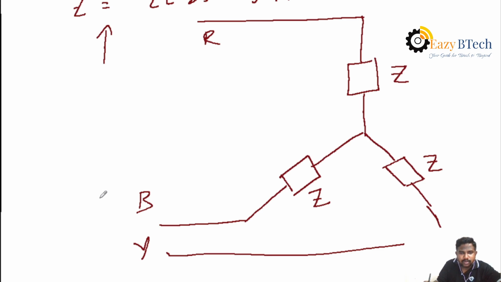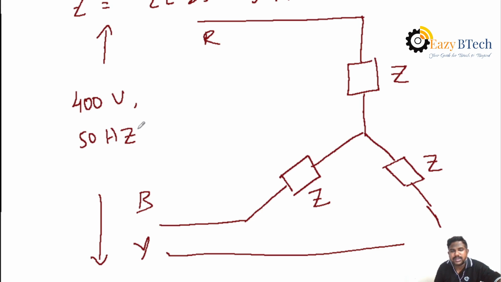This star connected load is connected to the three phase supply, that is 400 volts 50 hertz supply. So by using the two wattmeter method, first of all you can find the power factor value cos phi. The important formula is tan inverse of root 3 into W1 minus W2 by W1 plus W2.